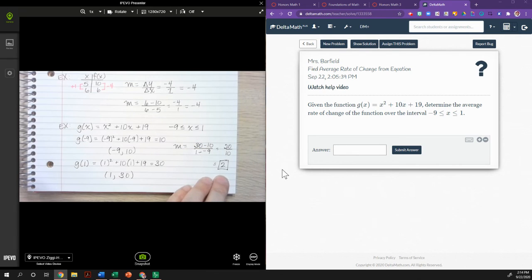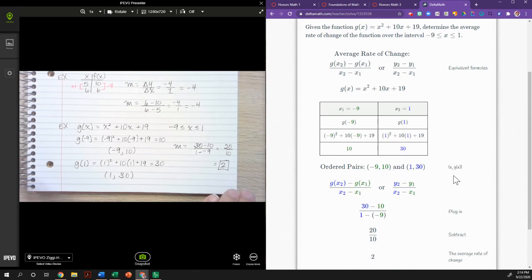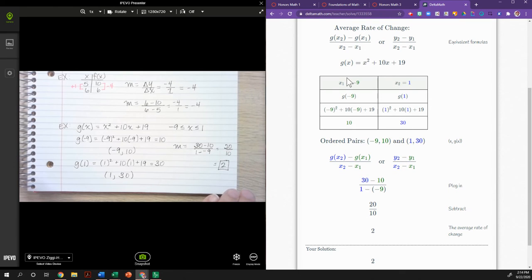So that is the average rate of change over the interval from -9 to 1. If I type in 2 and submit my answer, there you go. Same idea: plugged in -9, plugged in 1, and used those ordered pairs to calculate the slope.